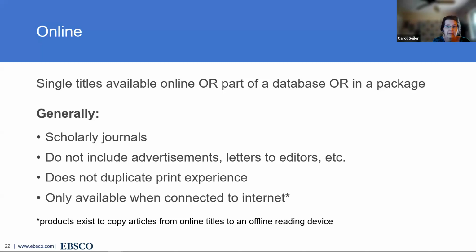They do not include advertising, letters to the editors, etc. It doesn't duplicate the print experience. It's just looking up the article or getting to an article. And it's only available when connected to the internet. With an asterisk, notice the asterisk, because there are products out there that exist to copy the articles from online titles to an offline reading device.